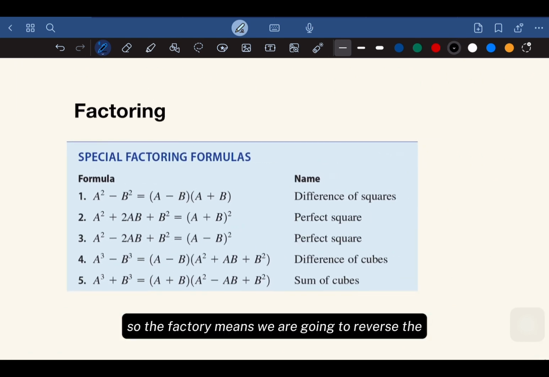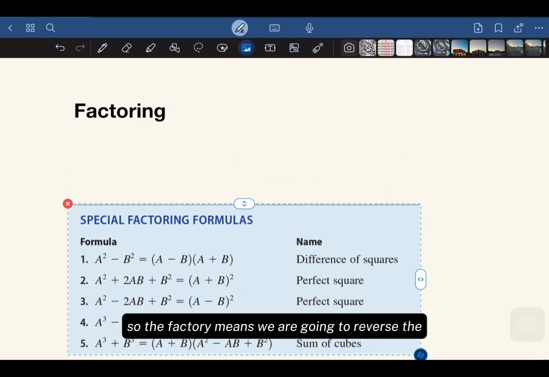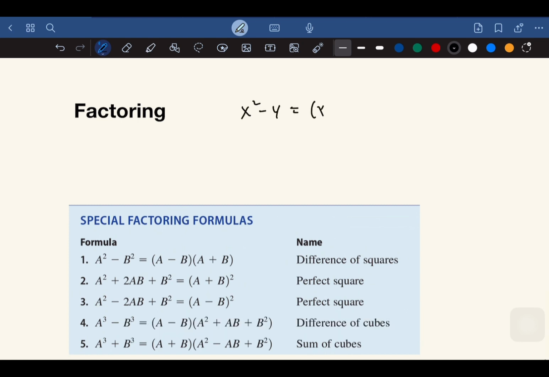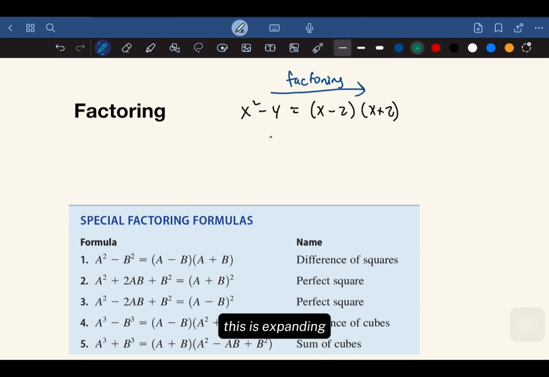So the factoring means we are going to reverse the product from the previous one. So if I have this, this is factoring, this is expanding.